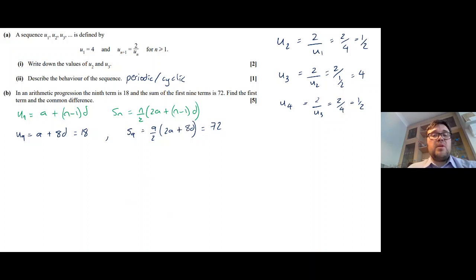You can expand them, move the 2 up so it's 144, and then divide that by the 9, which makes it a little bit easier.